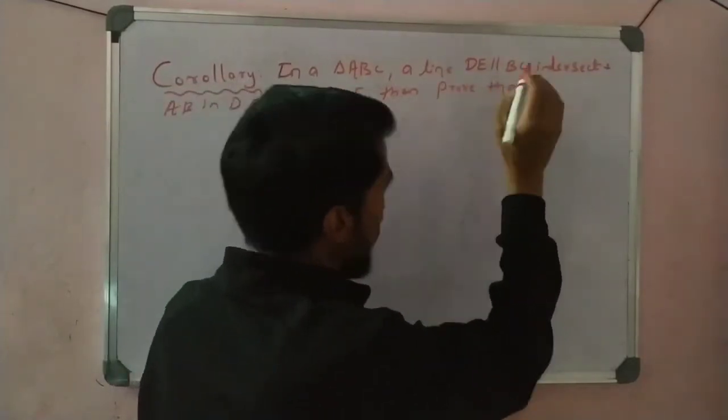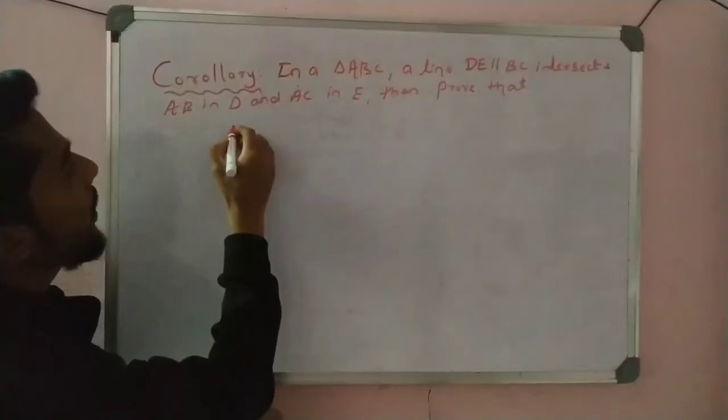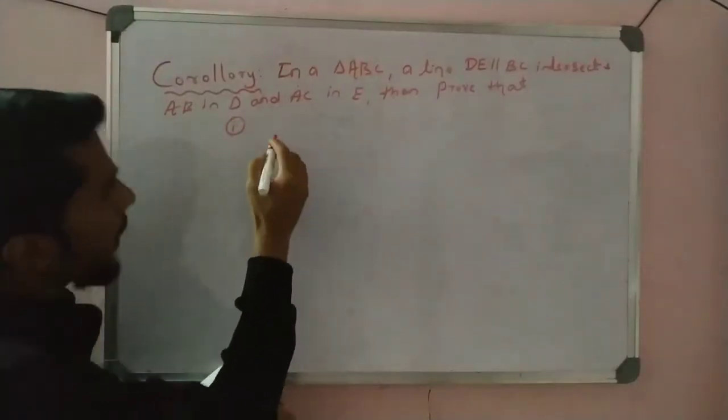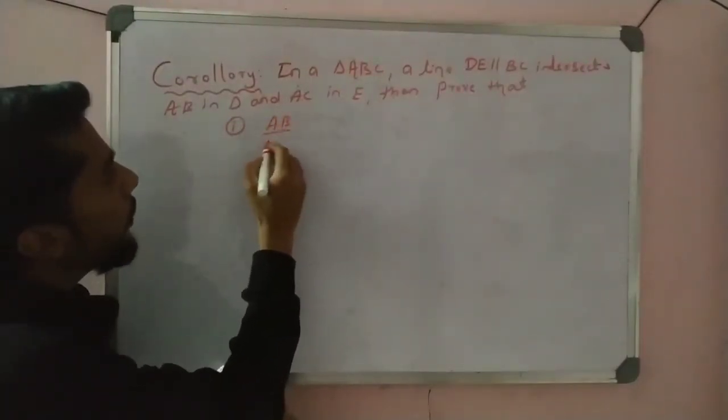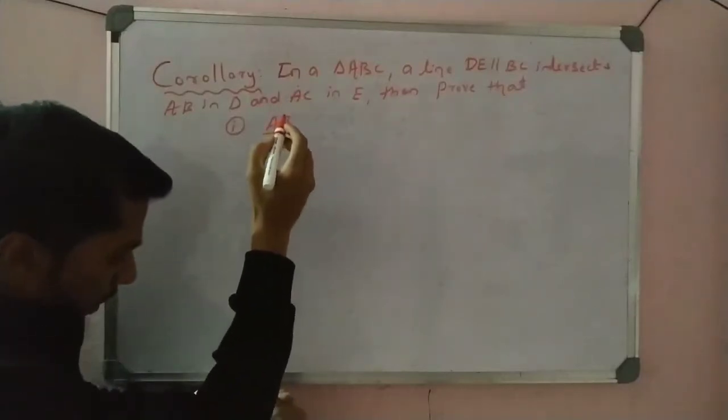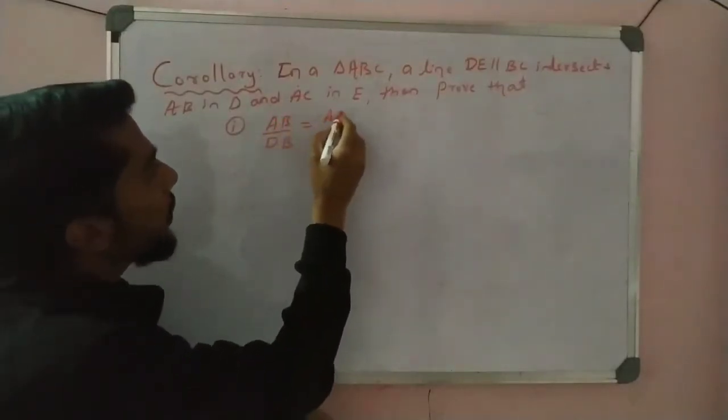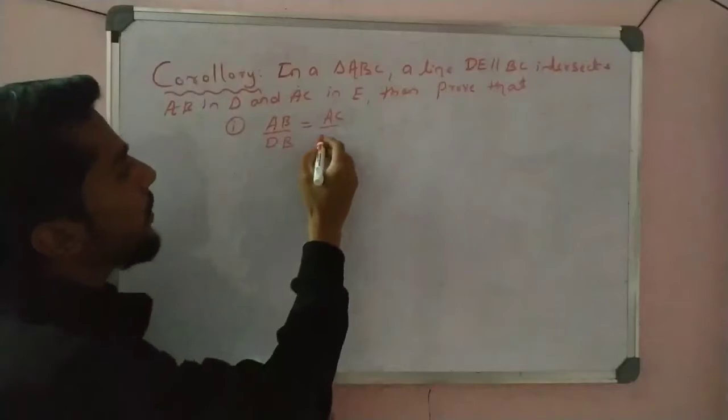Sometimes it is asked in the examination. Prove that the first result is AB divided by DB is equal to AC divided by EC.